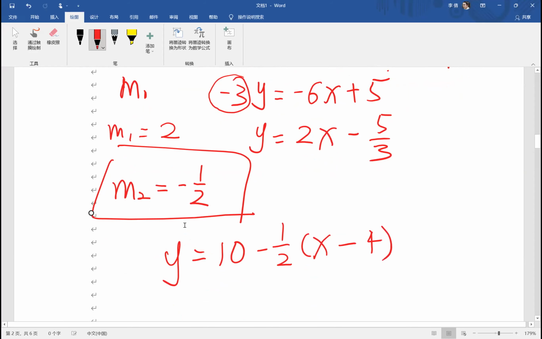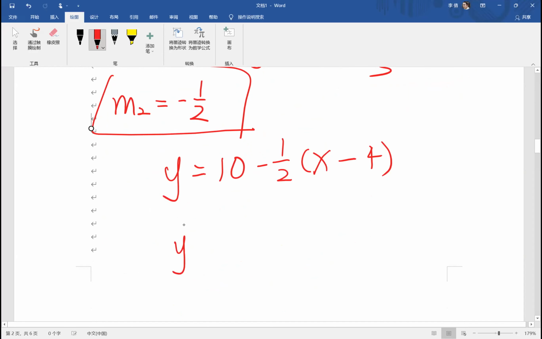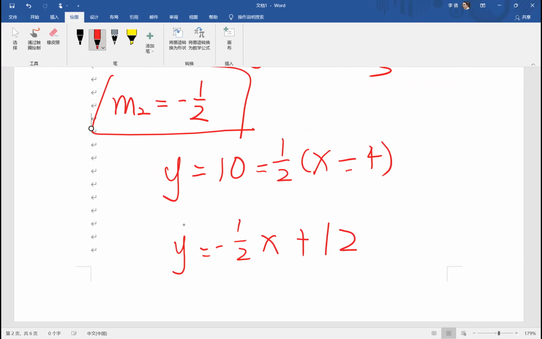Then we can get y is equal to -1/2x, and this is negative, this will be positive 2, and this will be plus 20, right?